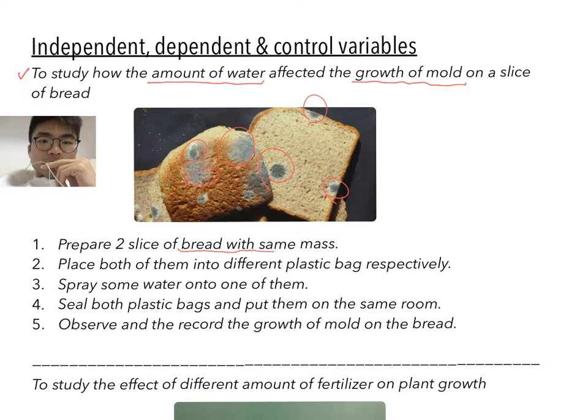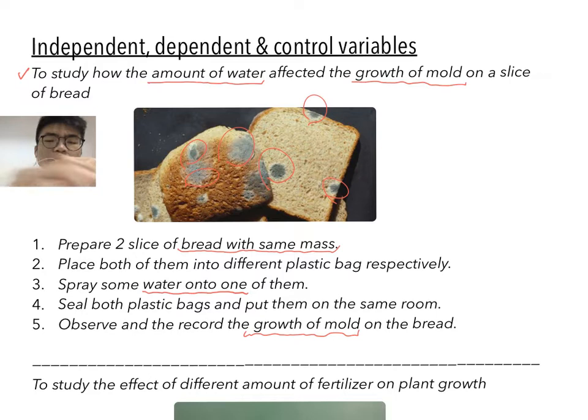We just spray some water on one of them, and at the end we record the growth of the mold on the bread. So in fact, three different variables, three different conditions or changes, already appear.